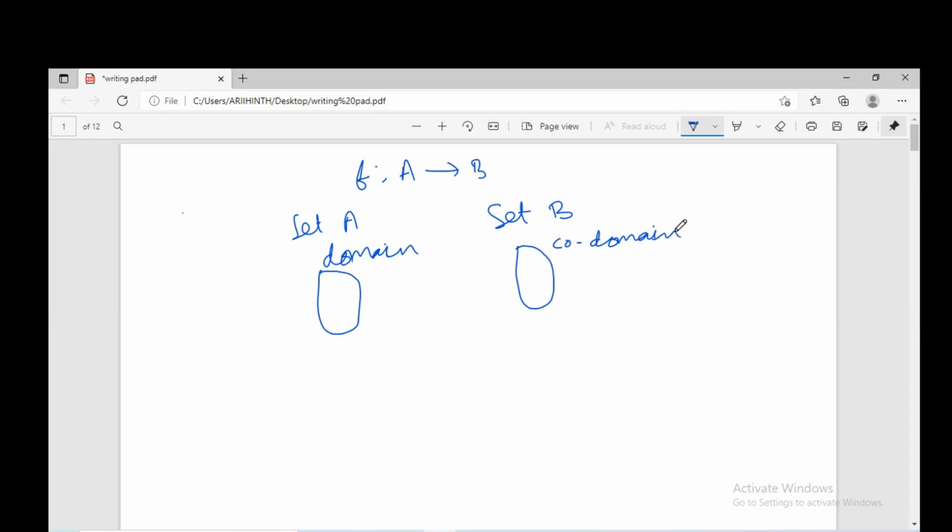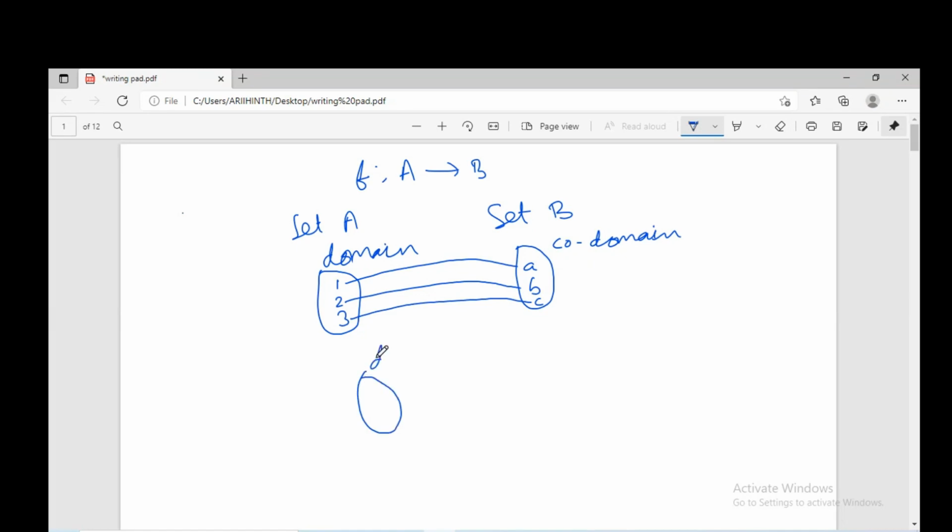Each and every element should map one to one. Here I have 1, 2, 3 in the domain, and in the codomain I have a, b, c. 1 is related to a, 2 is related to b, 3 is related to c, or otherwise.